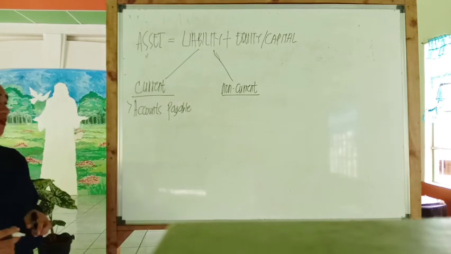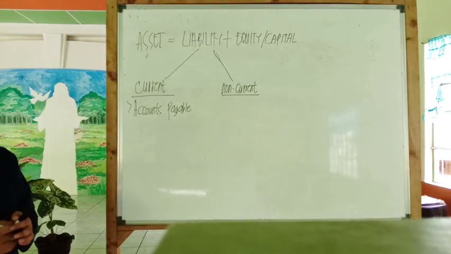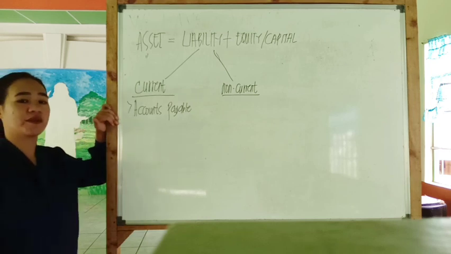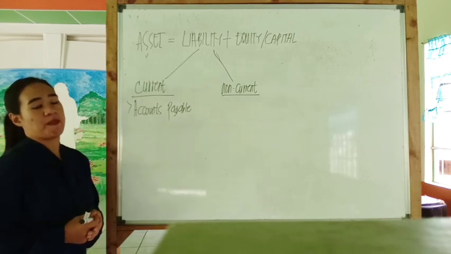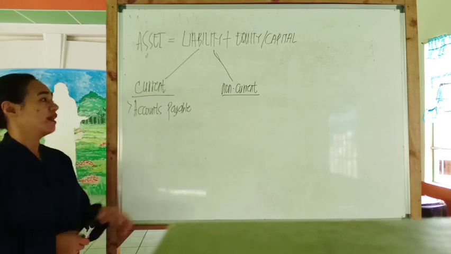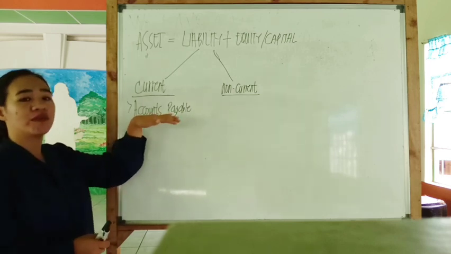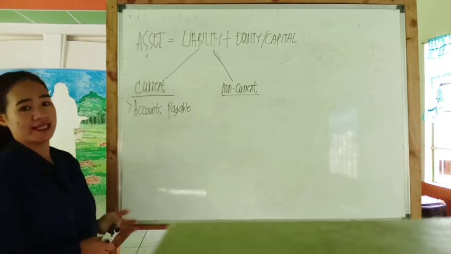Okay, so dito naman sa accounts payable, this is the exact opposite of accounts receivable. Sabi natin sa accounts receivable, ito yung mga pinautang natin, na kukolektahin natin. Ito naman, accounts payable, ito yung mga utang natin na kukolektahin sa atin.